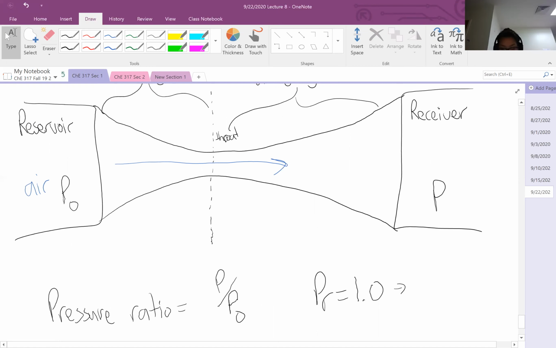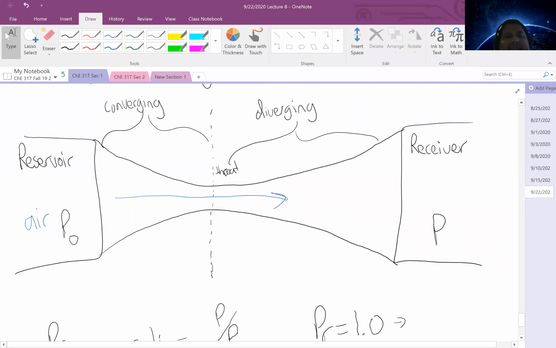Your velocity is expected to be greater than 0. Yeah, so now my velocity will be greater than 0, and I will have flow. Initially that velocity will be low, and so the whole system can be considered subsonic.